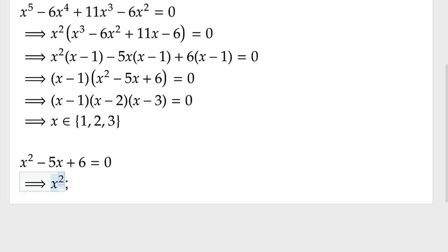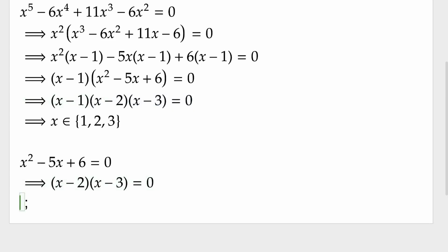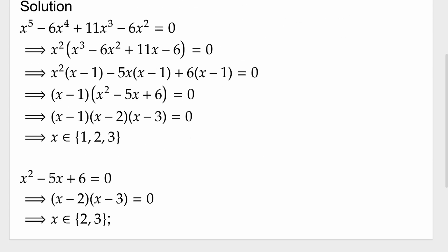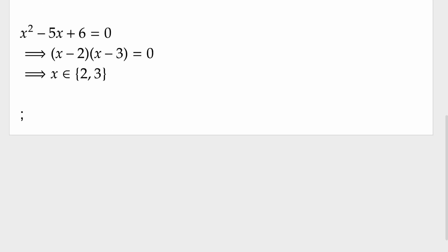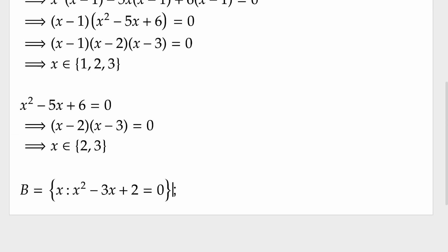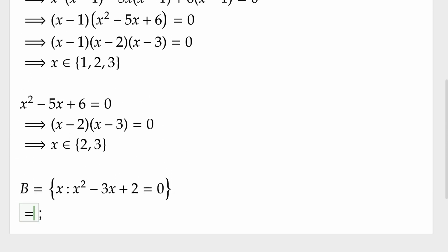When I resolve this, x will belong to 2 and 3. So this represents the set A, and in a similar way we can resolve this particular set B as well. I'll just copy this and mention the set B over here, and we can say easily that my set B, since it is a quadratic equation, on solving we will get 1 and 2.